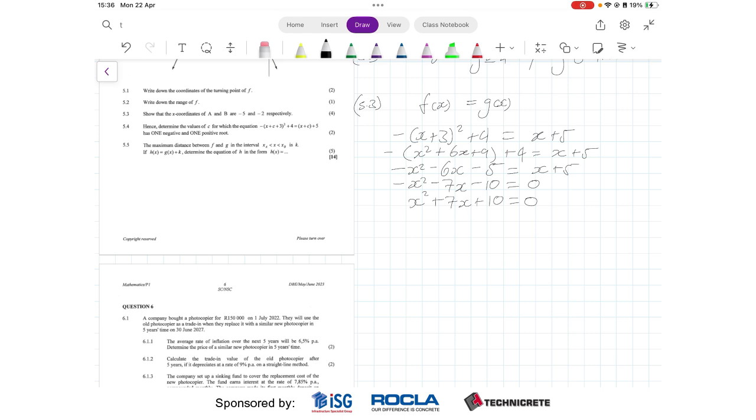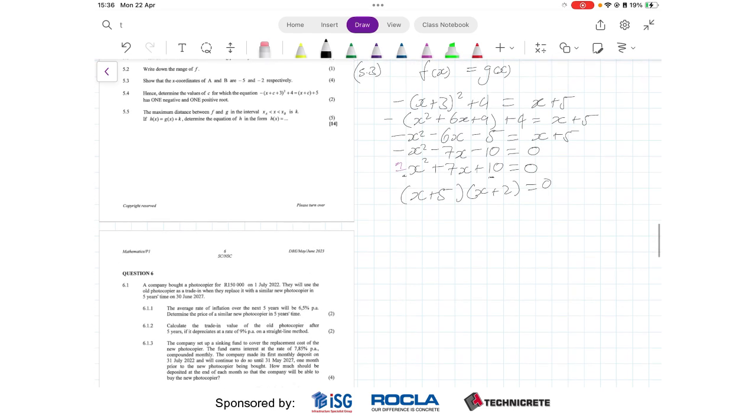Writing out the factors of 10 that give us 7, that would be (x + 5)(x + 2) = 0, which tells you that the x coordinates of the points of intersection are x = -5 and x = -2.